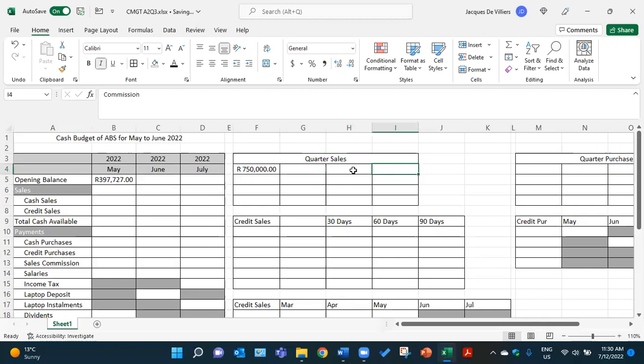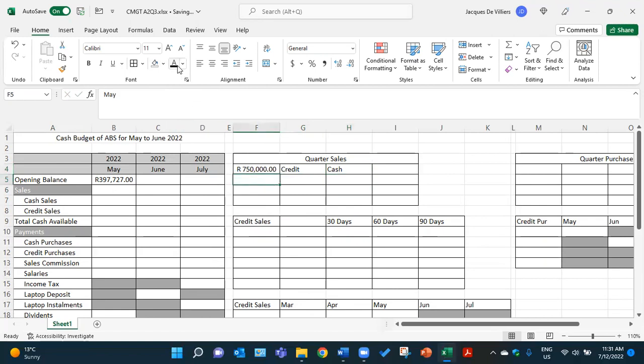Now they have told us that the total sales for the quarter is 750,000. And we know that some of those sales will be on credit. Okay. And some of those sales will be on cash. Now, what did they tell us?